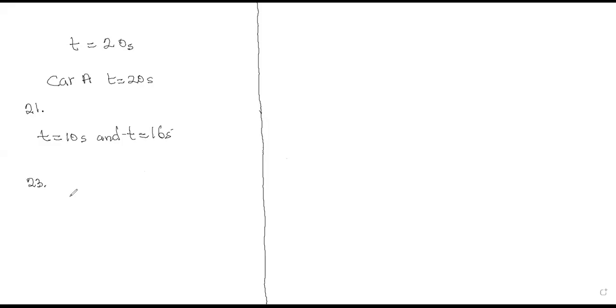Sir, car C, because car C started from where the 10 was, and it accelerated to another point in a uniform manner, so the line is also straight going upwards.